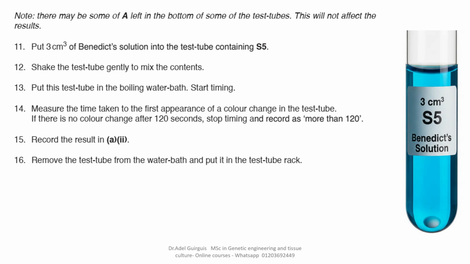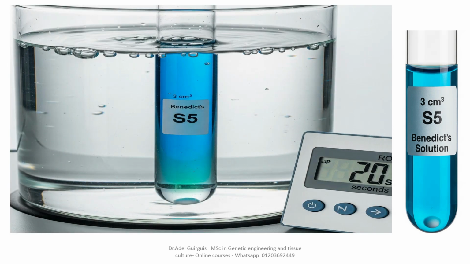Remove the test tube from the water bath and put it in the test tube rack. Now we have finished the S5 detection, the end point of S5. We put S5 containing the Benedict solution in the boiling water bath with a thermometer inside and start timing.